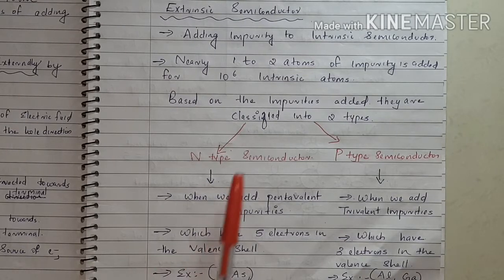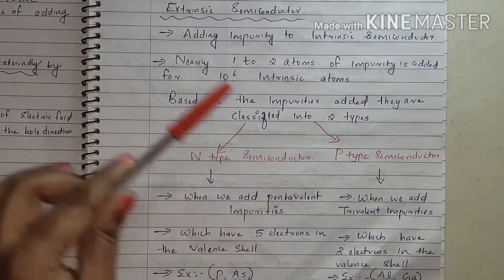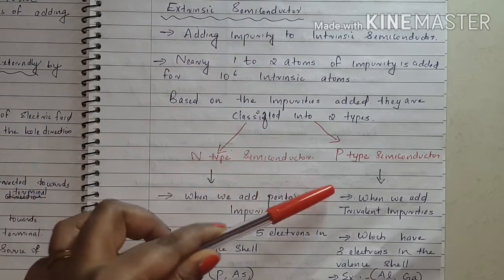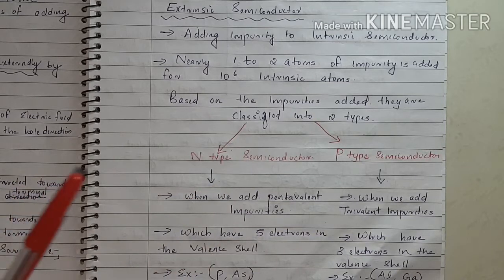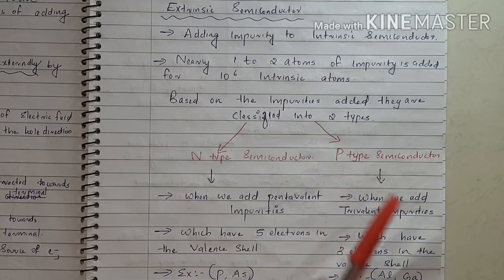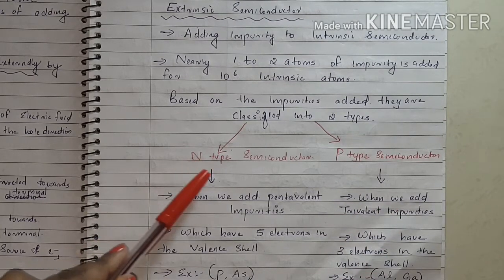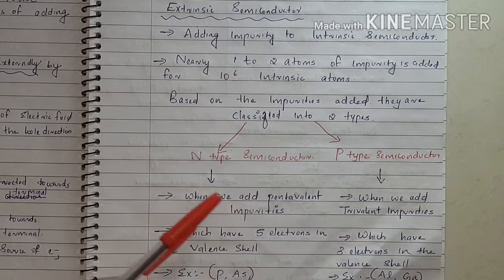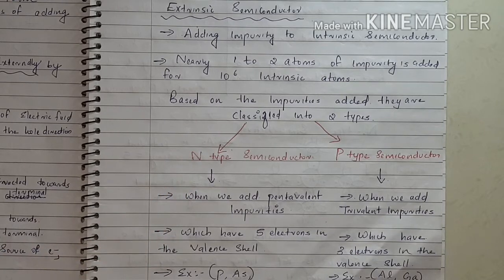Based on the impurities added, extrinsic semiconductors can again be classified into 2 types. One is the N-type semiconductor and the second is the P-type semiconductor. If we add pentavalent impurities, we get an N-type semiconductor.